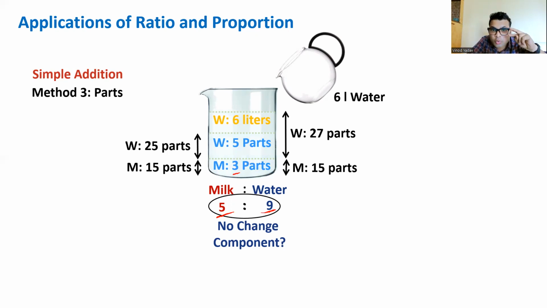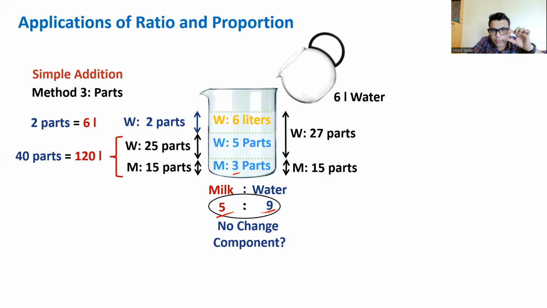So an increase of 2 parts is because of, correct, those 6 liters. So 2 corresponds to 6 liters. This is that connecting link, friends. So this total, 25 plus 15, is how much? The old one we need, right? So 25 plus 15 is 40. So 40 corresponds to how much? 120.